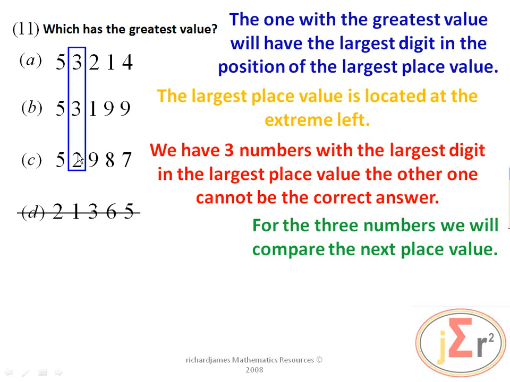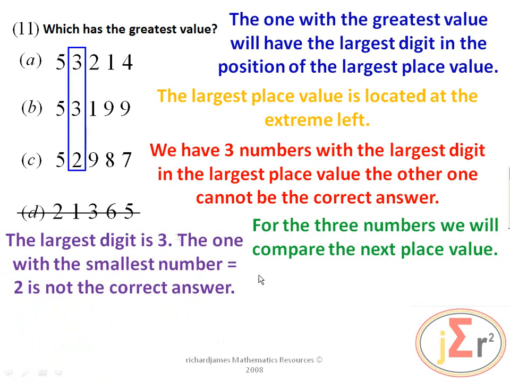And of course the smallest digit here is the 2, so that one has to be automatically out. The largest digit is 3. The one with the smallest number is 2. And that one is not correct. It cannot be correct, so it is eliminated immediately.